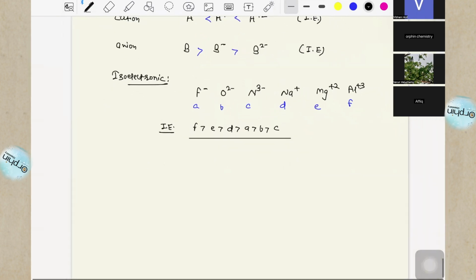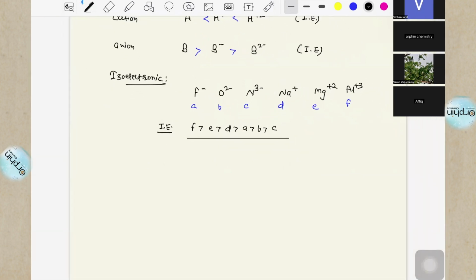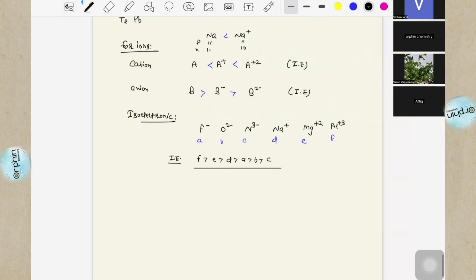Very good. So for isoelectronic, if it is not clear, I am again giving you the explanation. These are the species which are isoelectronic, means electron numbers are the same. But proton numbers are different. Aluminium has 13 protons, but 10 electrons. So the hold is stronger in the case of aluminium plus 3. As the proton number is more, the hold is strong.